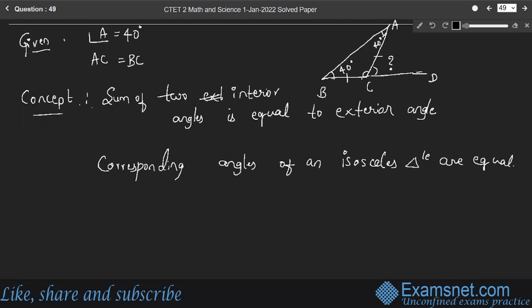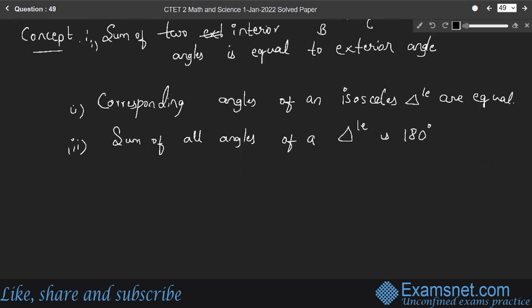And one more concept, the third one, the sum of all angles of a triangle is 180 degrees. So these three concepts we are using here.